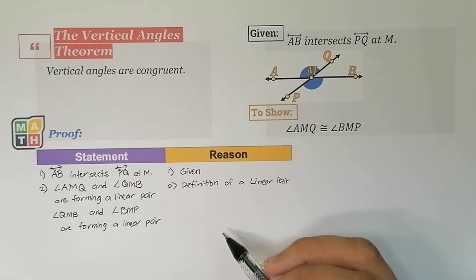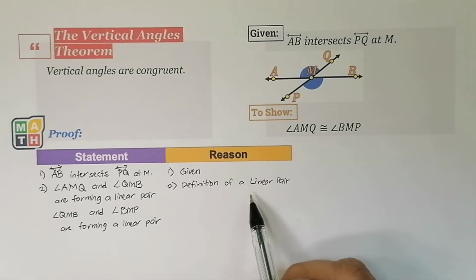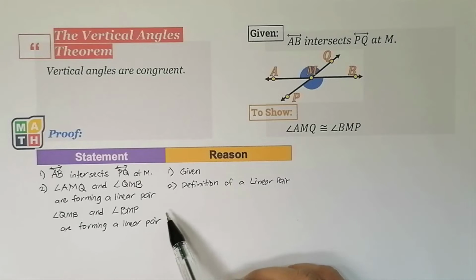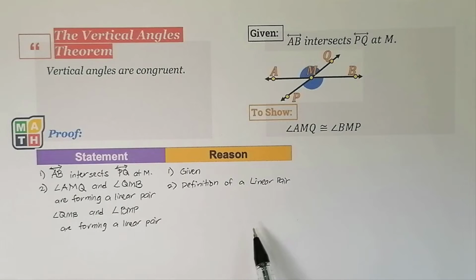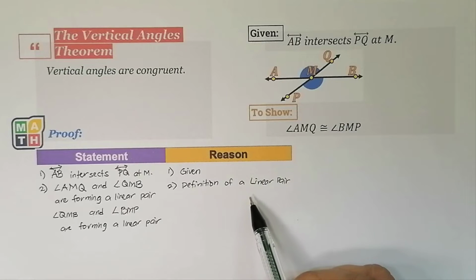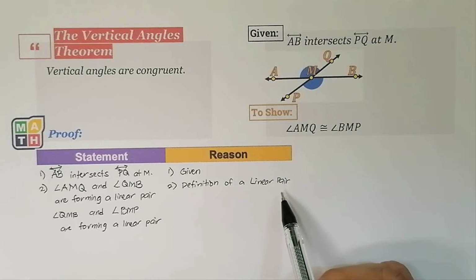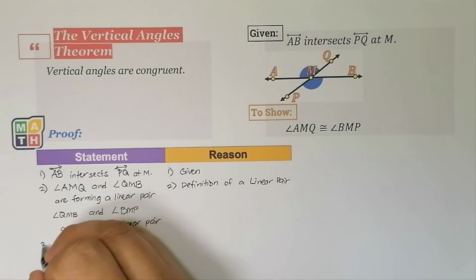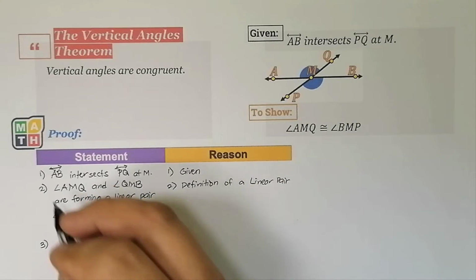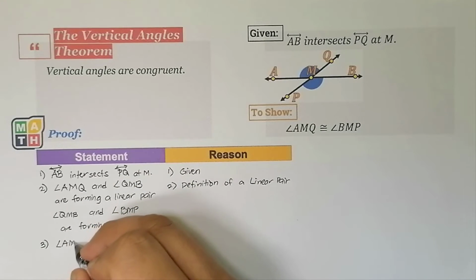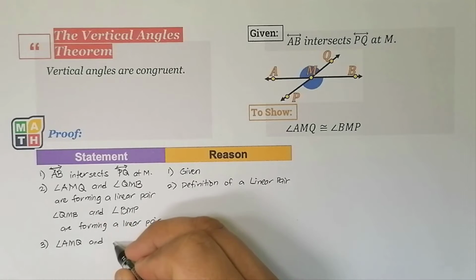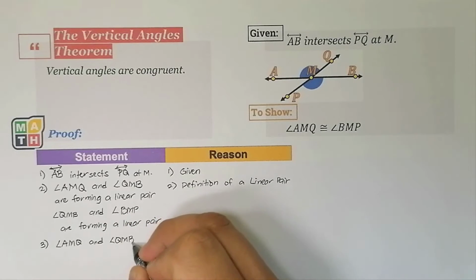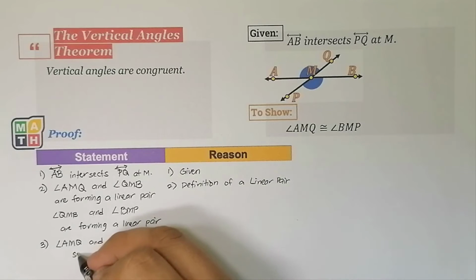It's very important for us to make clear our reason, since after we have established this statement, we are going to get the relationships of the angles that are forming a linear pair. In this case, the third statement, we could say that angle AMQ and angle QMB are supplementary.